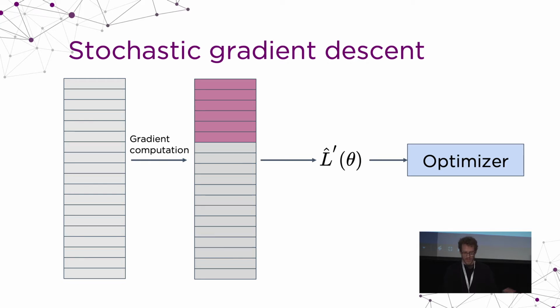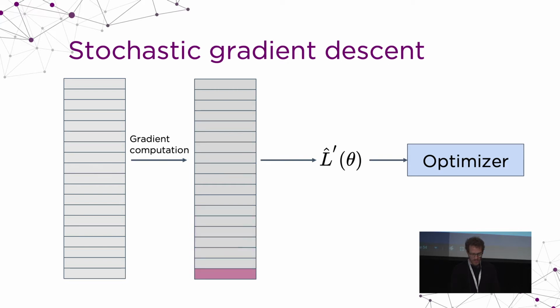We give it to the optimizer. We move in the parameter space. Same thing, after this mini batch, we move in the parameter space, etc. And what we can see is that if I don't choose a size of the mini batch for which my data set can be divided by this number of examples, and I just have one remaining example at the end here, this example will have a lot of weight, a lot of power, because I will estimate the gradient with respect to only this example, and it will move all the parameters with this gradient, compared to this example, for which the gradient will be averaged with the other examples.